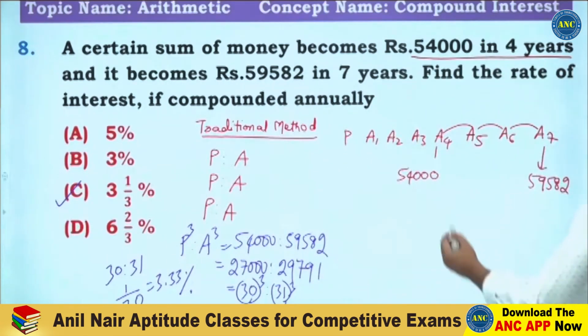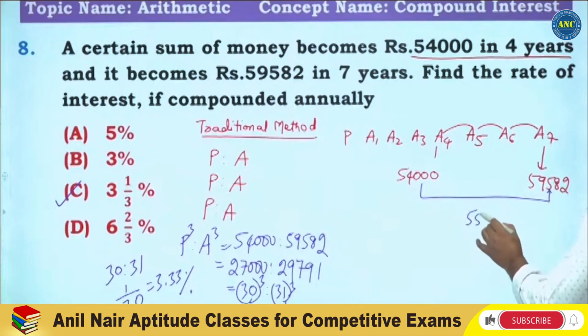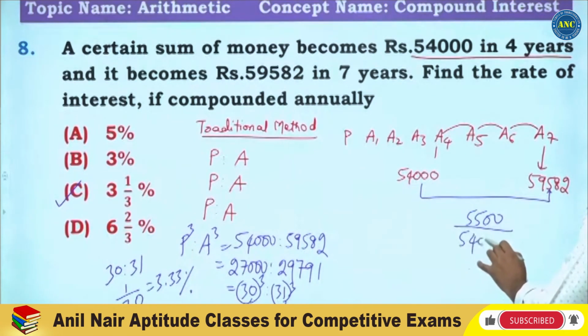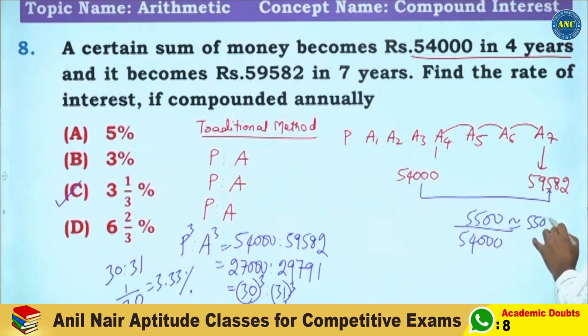Now let us see. 54,000 is becoming 59,500. That means close to 5,500 increase on 54,000. So it is closer to 5,500 divided by 55, which is 1 by 10.